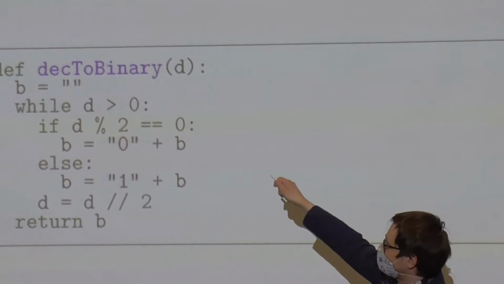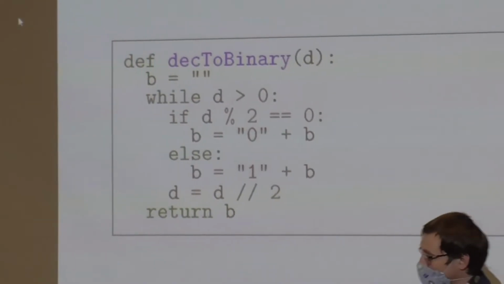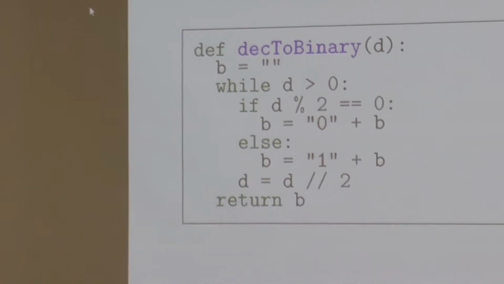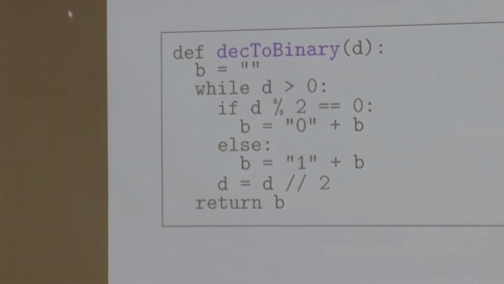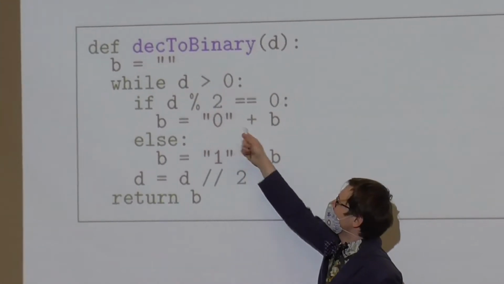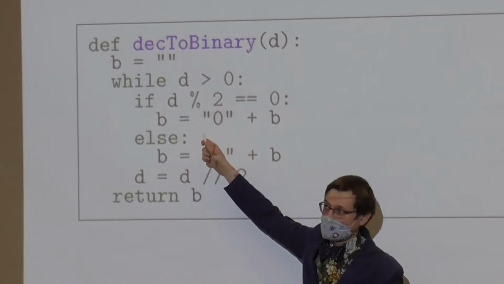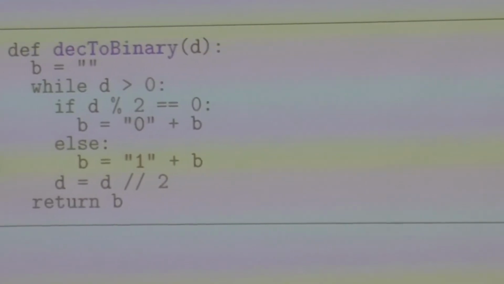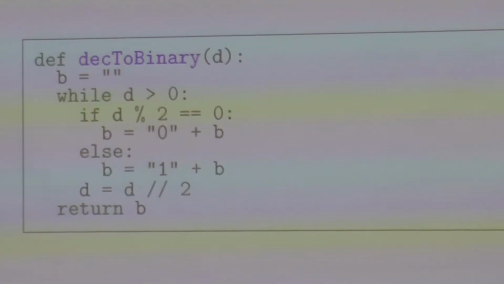While d is greater than 0, that is to say, while we still have some number left that's not 0, if d mod 2 is equal to 0, we prepend b with a 0. When you put something at the back, it's called appending. When you put something at the front, it's called prepending.